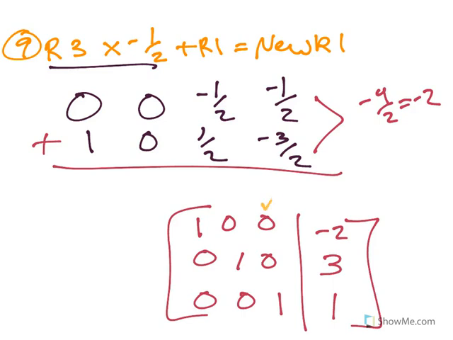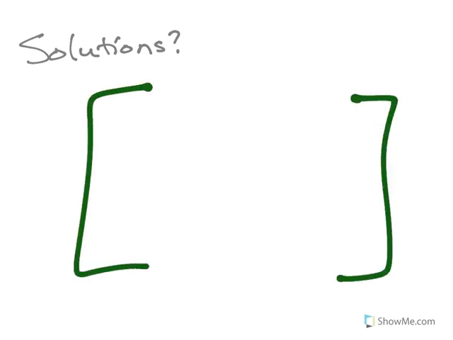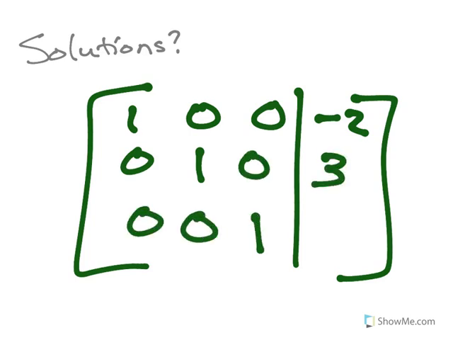We have now successfully gotten all 3 of our columns the way we want them. So when we look at our solutions, we have the matrix 1, 0, 0, negative 2. I don't know why all of a sudden my pen is fat. That's okay. And 0, 0, 1, 1. So as we look at this, we get excited.